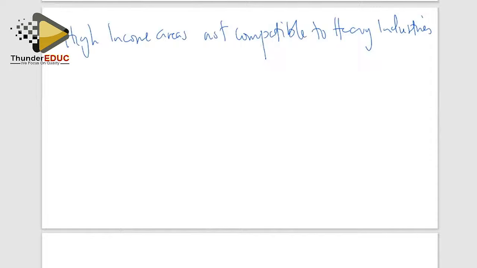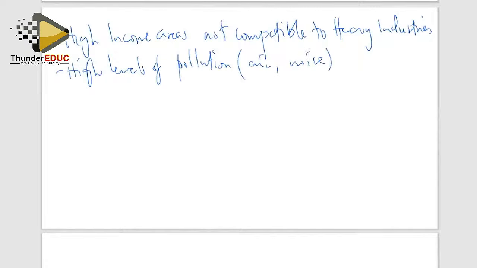So for that reason, we are highlighting reasons which are related to the environment and to society. Those are typical highlights that you can give because they cause high levels of pollution, which can be in the form of air or noise. And this is not compatible to high income areas. People from high income areas want to stay in a safe environment.